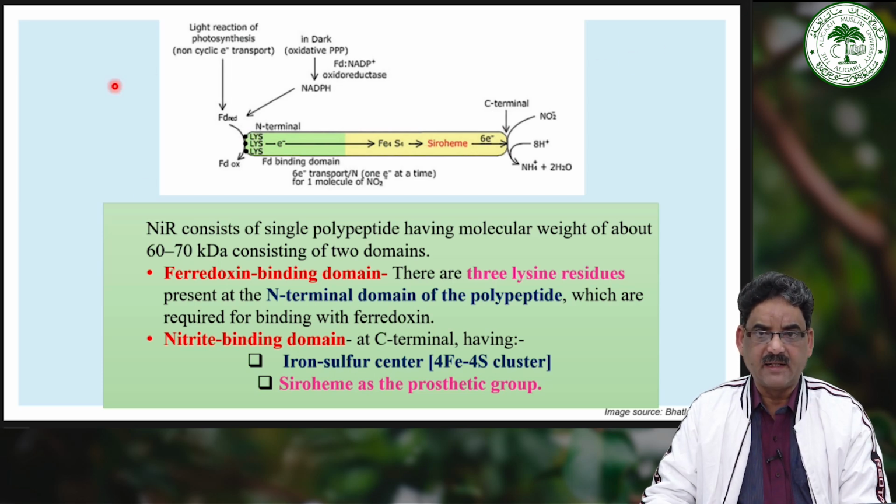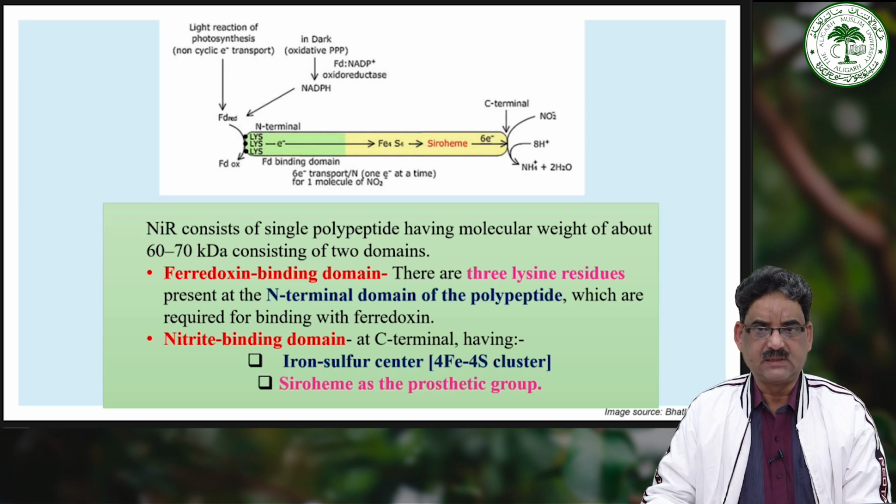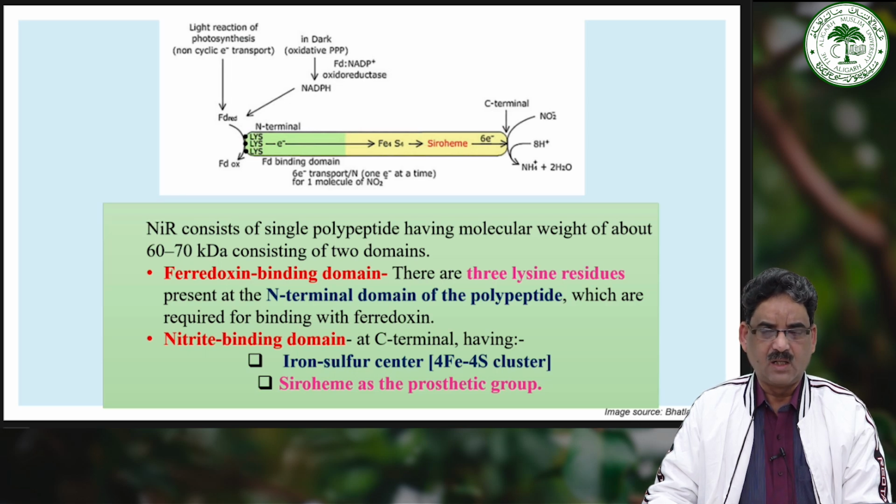NIR is an enzyme present constitutively in plants, although in some species its synthesis can be induced by the presence of nitrate. It is encoded within the nuclear genome. NIR is initially transcribed into mRNA, which is subsequently translated by cytosolic ribosomes.